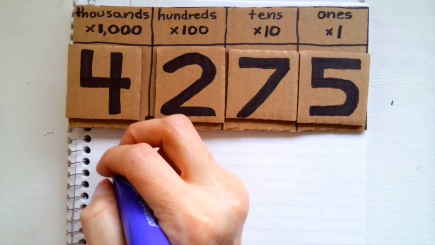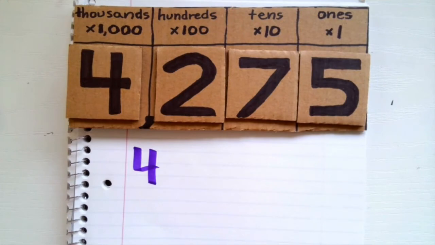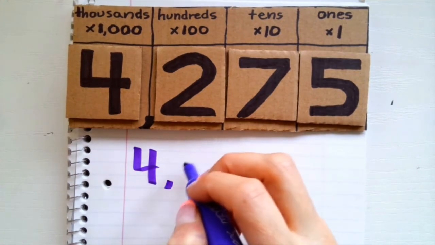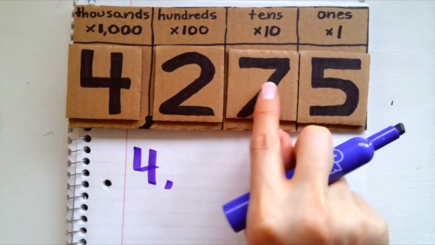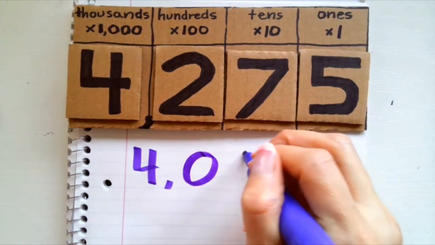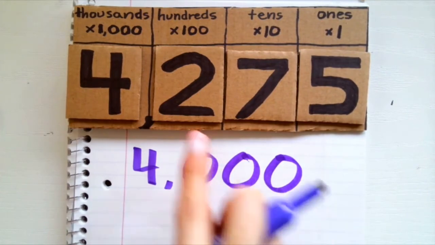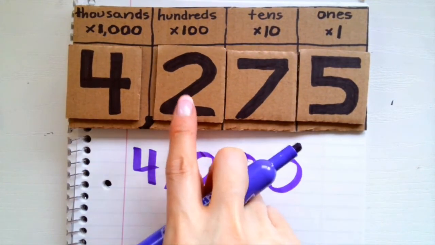We expand. The 4 is worth how much? 4 what? Remember, imagine zeros here instead of the other digits. Right, it's worth 4,000. How about the 2?